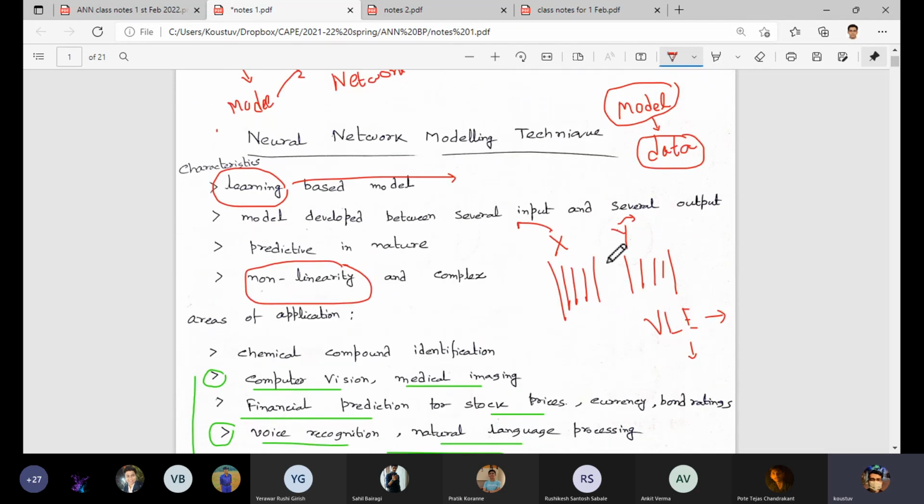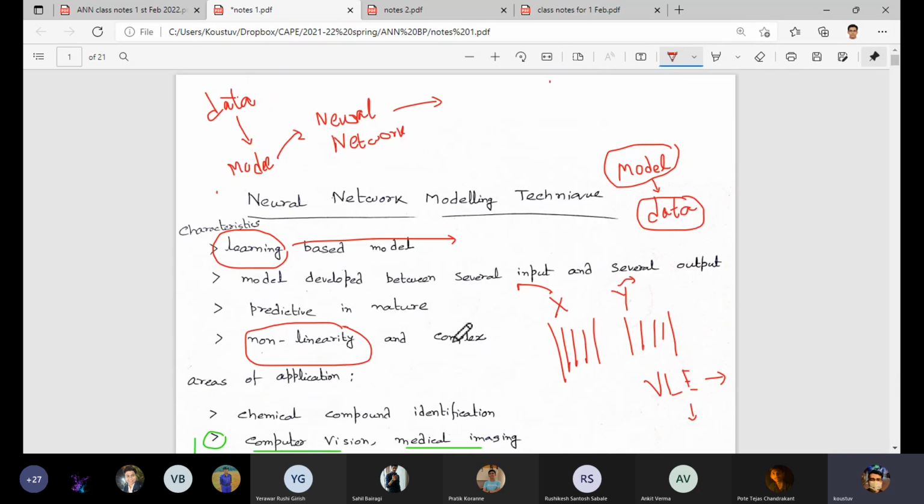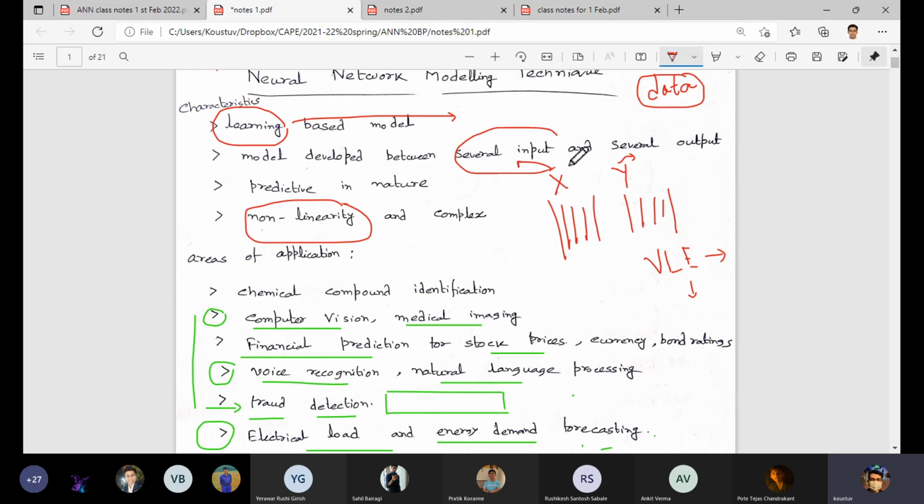Essentially we try to generate the model from the data, just the opposite way. So several inputs, several outputs, this is important. Predictive in nature, as we have discussed, and essentially we are trying to capture the inherent nonlinearity in the data.